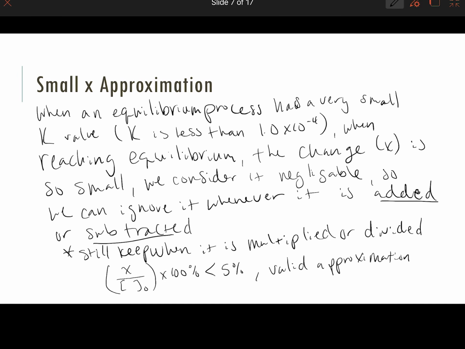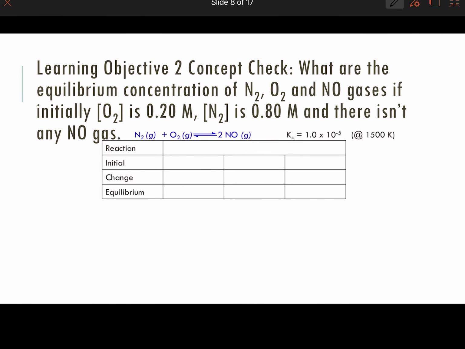Okay, so let's try an example where we can use the small x approximation. Here we have a very small Kc, 1.0 times 10 to the negative 5, for the following reaction: N2 plus O2 goes to 2NO.